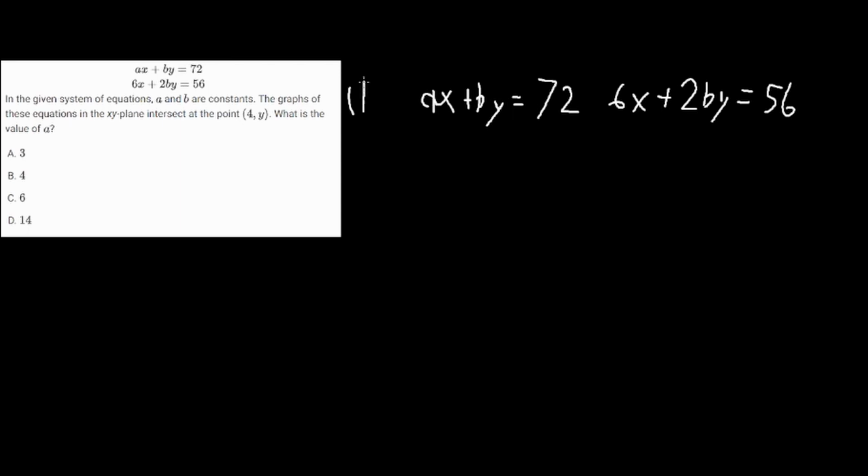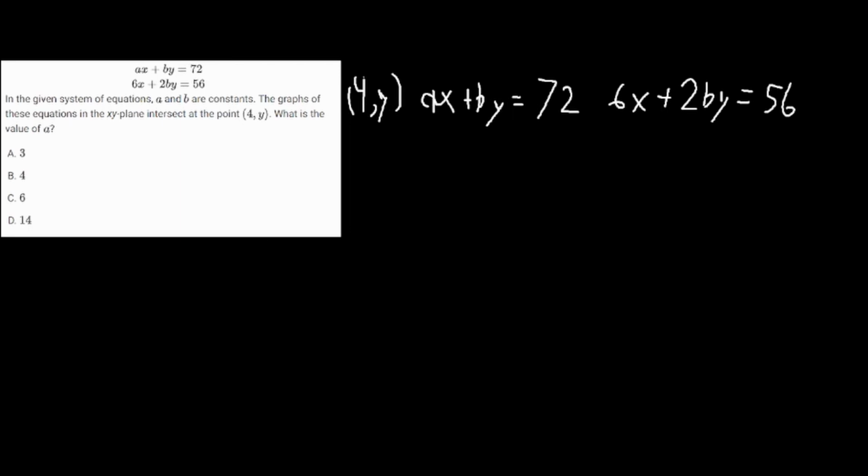So it states that ax plus by equals 72, and 6x plus 2by is equal to 56, and that a and b are both constants, and that the graphs intersect at the point 4, comma, y. And so then it is asking us, what is the value of a? So it's not looking for x or y, it's looking for the value of the constant a.